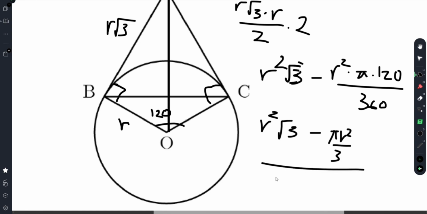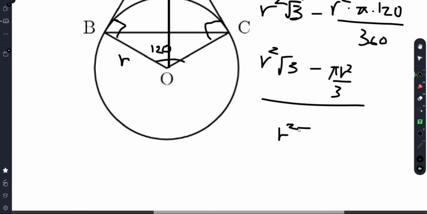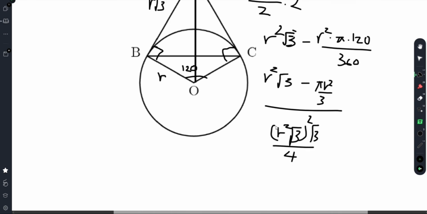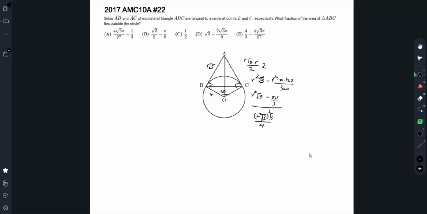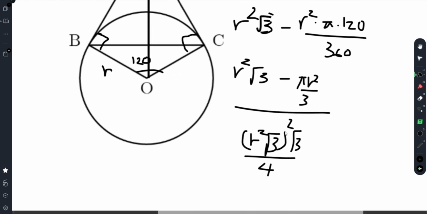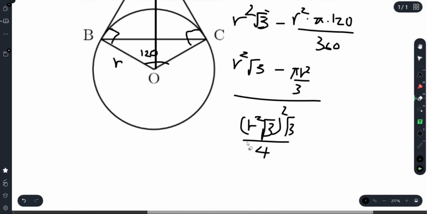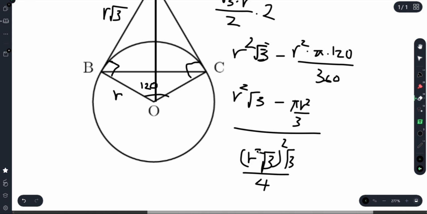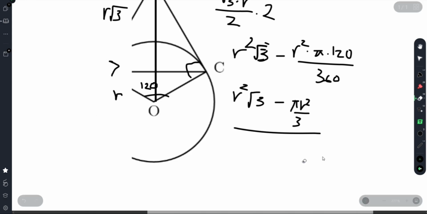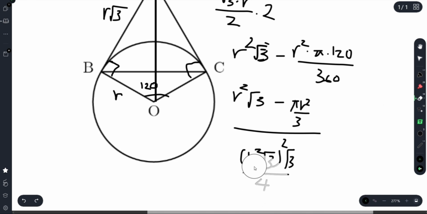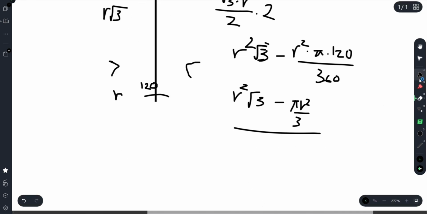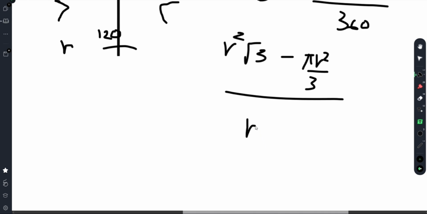And this has to be over R squared root 3 squared pi over 4. This is because of the area of an equilateral triangle. And you find the fraction of the area. So we can immediately start by doing this. So we can simplify the bottom by doing R squared times 3 root 3 over 4.